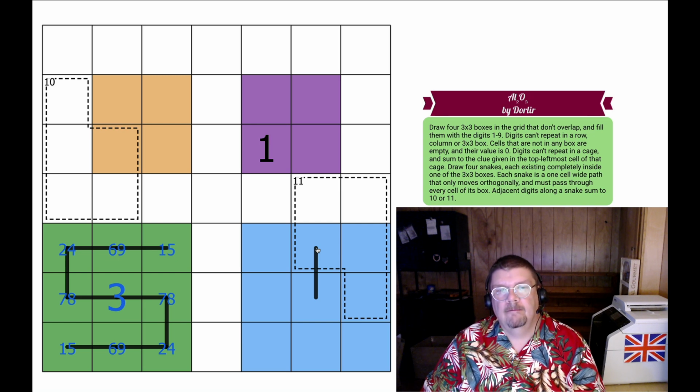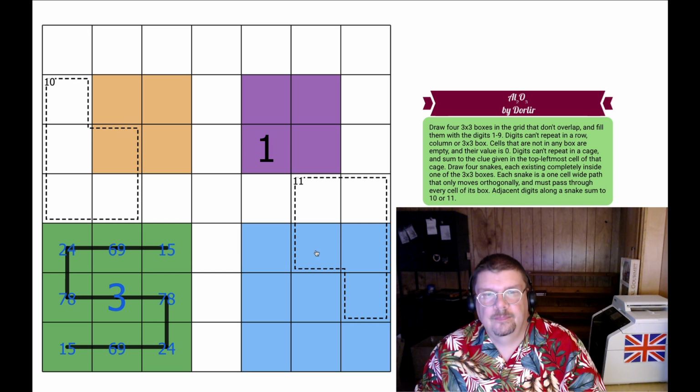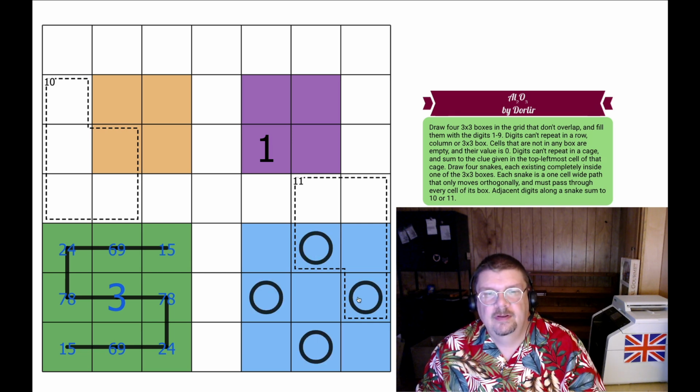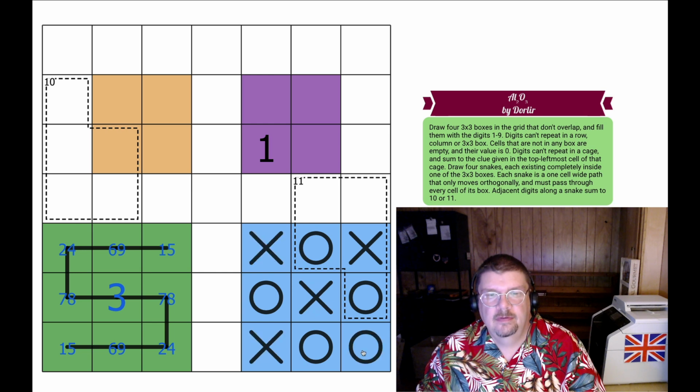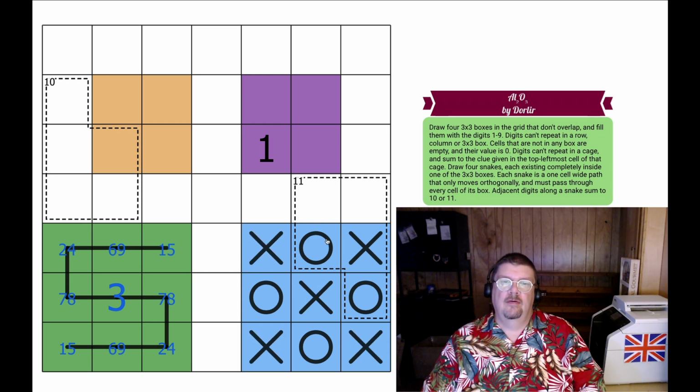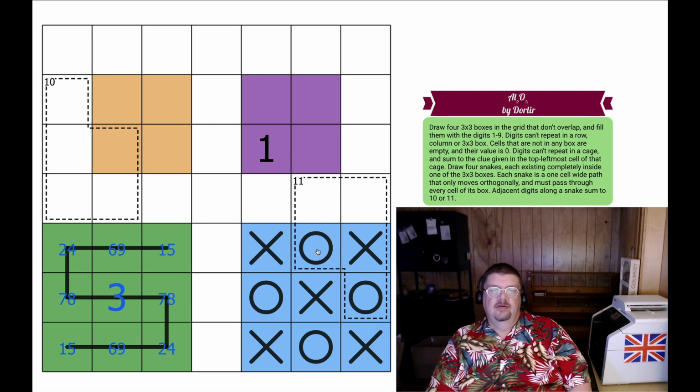Okay, here's a good way to look at it. Let's consider these 4 cells and these 5 cells. Because I am going orthogonally, I am always traversing from an O to an X to an O to an X to an O. And it's like these are bishop's colours on a chessboard.